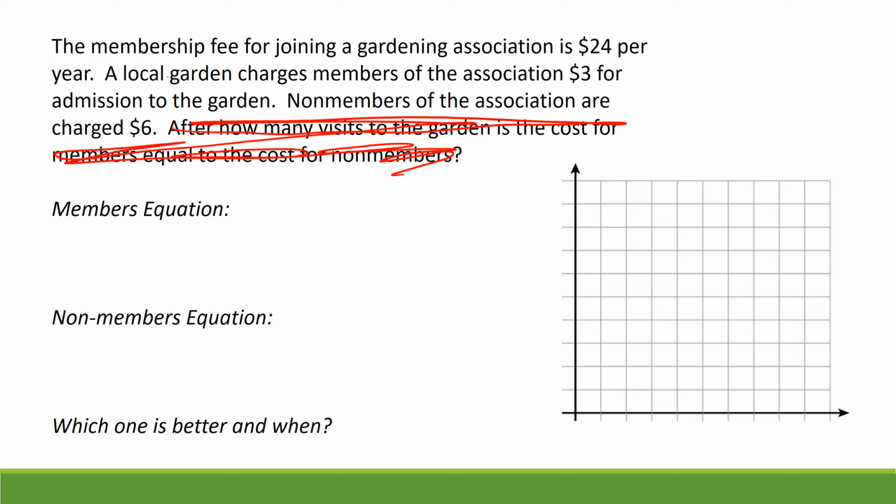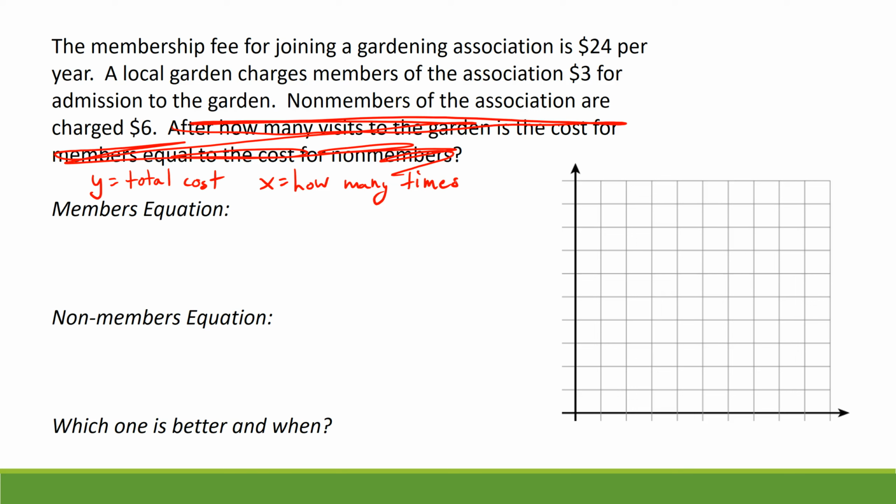Non-members never have to pay this $24, but non-members have to pay $6 to get in, so they're paying more per time. So I need to establish two variables here because I'm going to graph these linear equations. Let y be the total cost of just how much you pay for visiting the gardens. And this is obviously going to depend on our other variable x, which is how many times you visit.